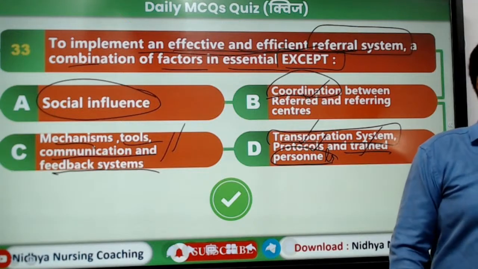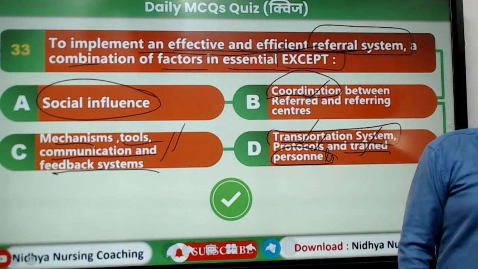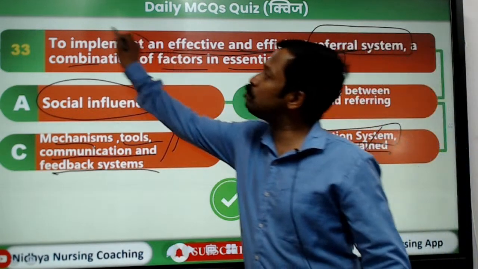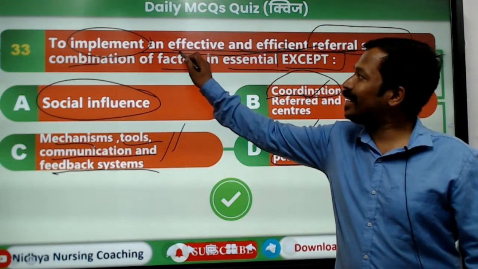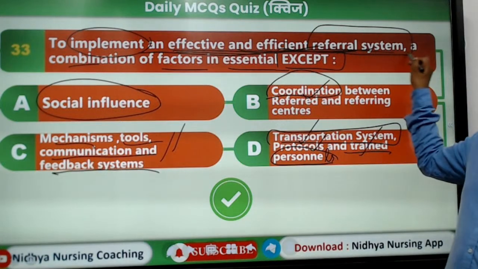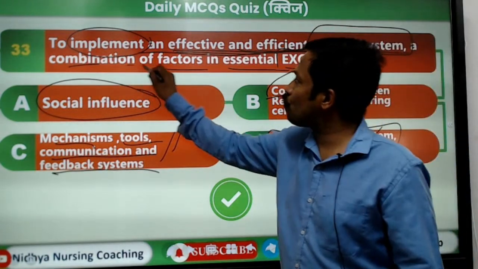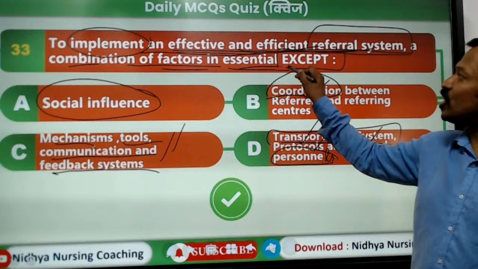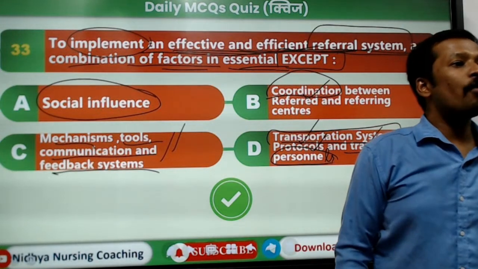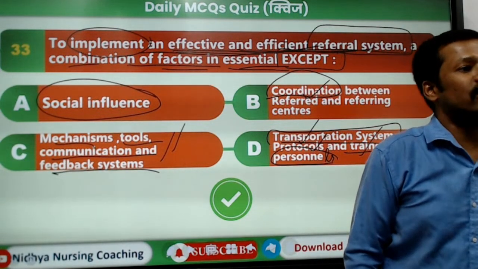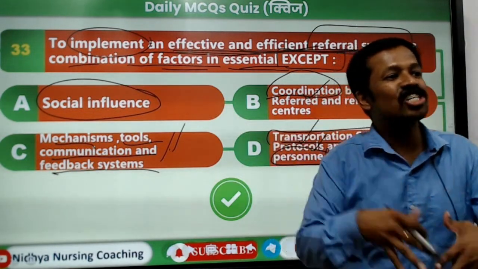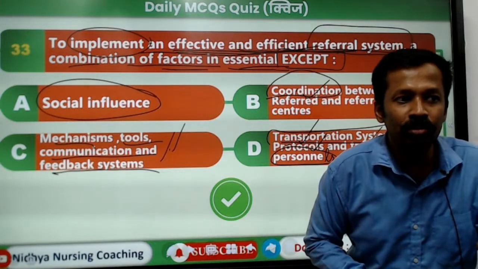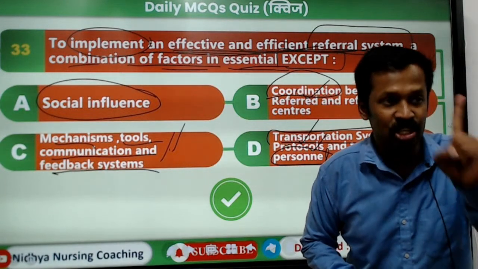So here the question is for implementing an effective and efficient referral system, a combination of factors is essential. Except. So all these are factors of a referral system. That is the point.